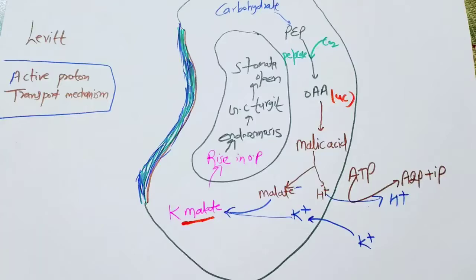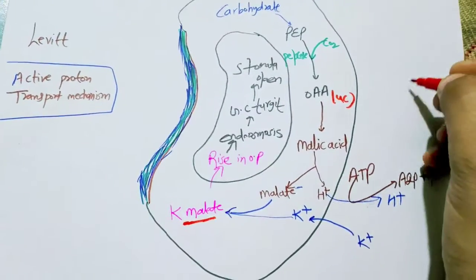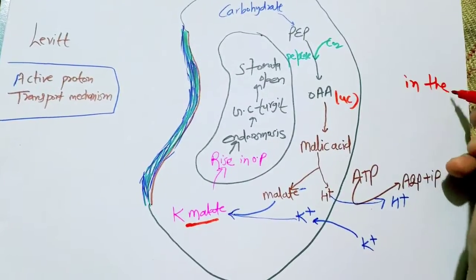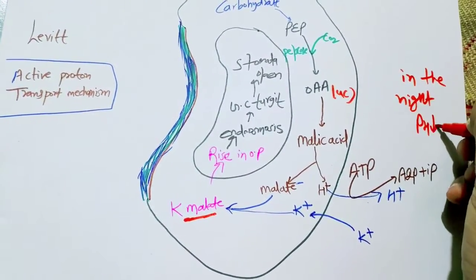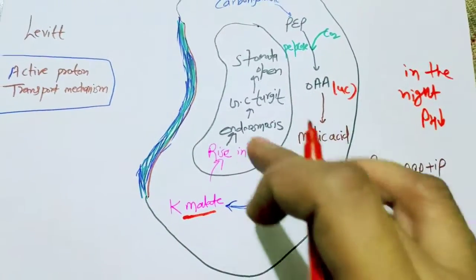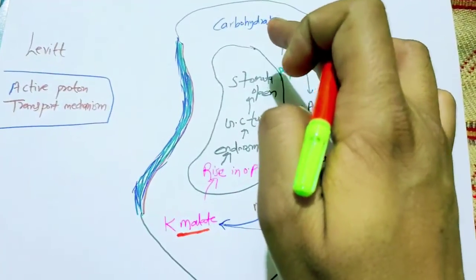And what will happen when the stomata is closing? In the night, pH will be low, and this whole process will go back toward carbohydrate.